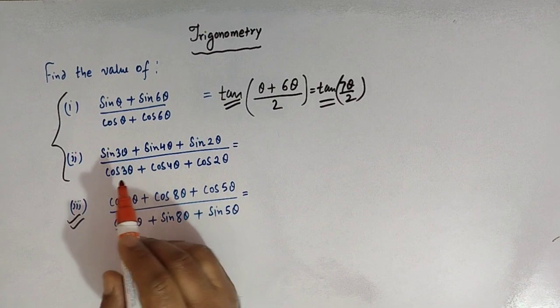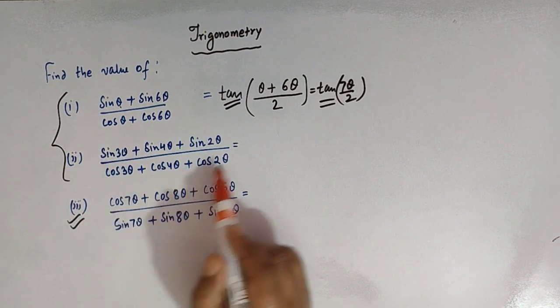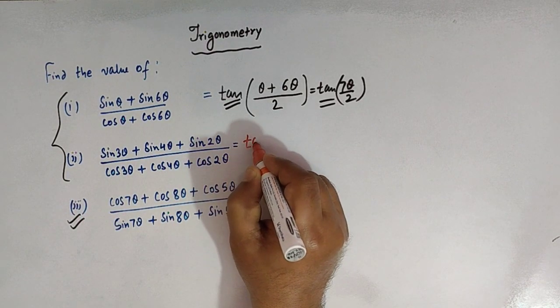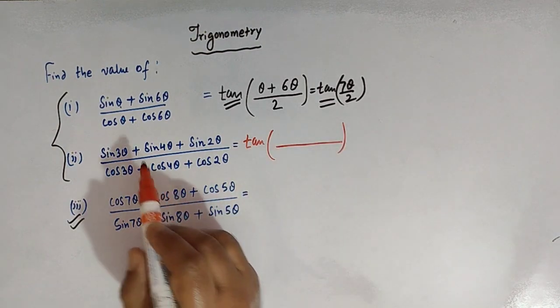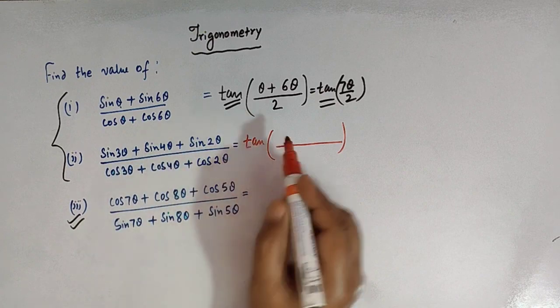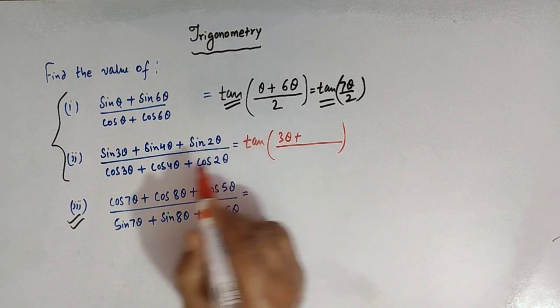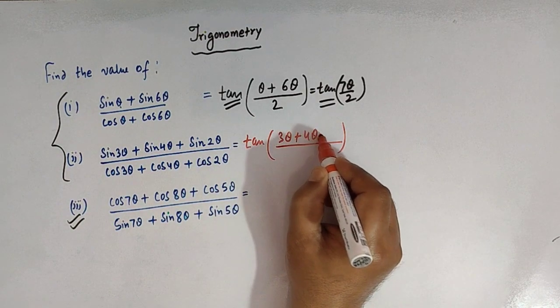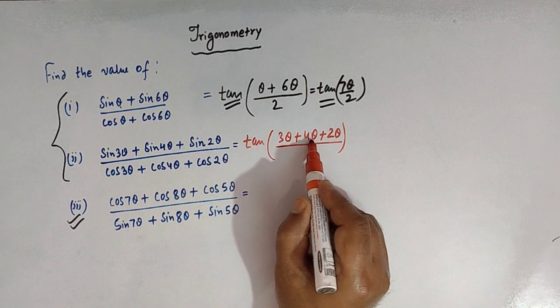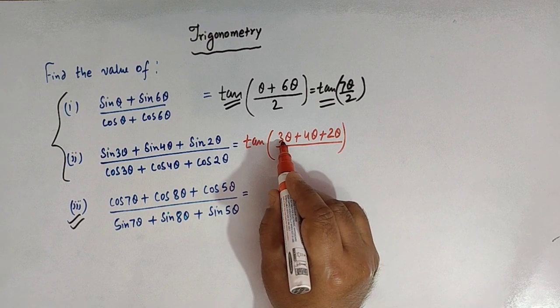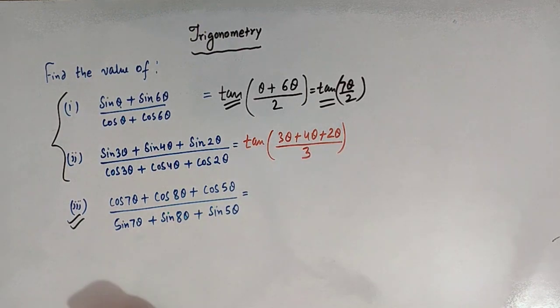Now let us write the value of this expression. What we will do is write tan, and now we add these three angles: 3 theta, 4 theta, and 2 theta. And since we have three angles here, we'll divide this sum by 3, right?